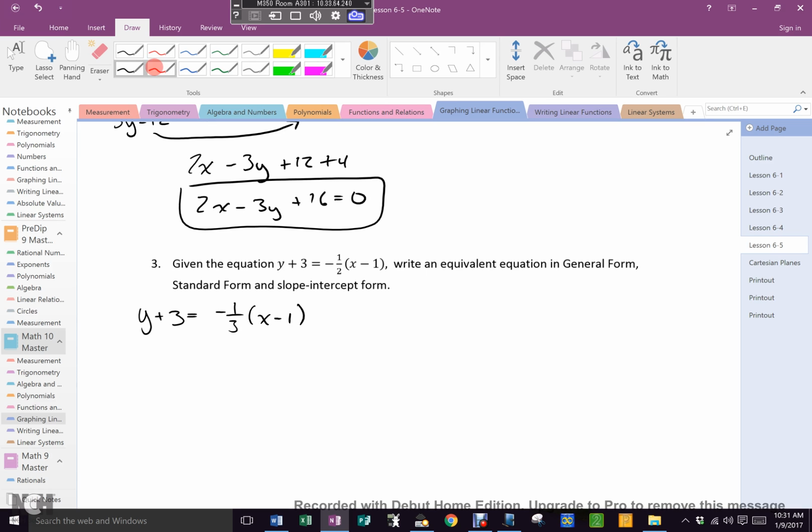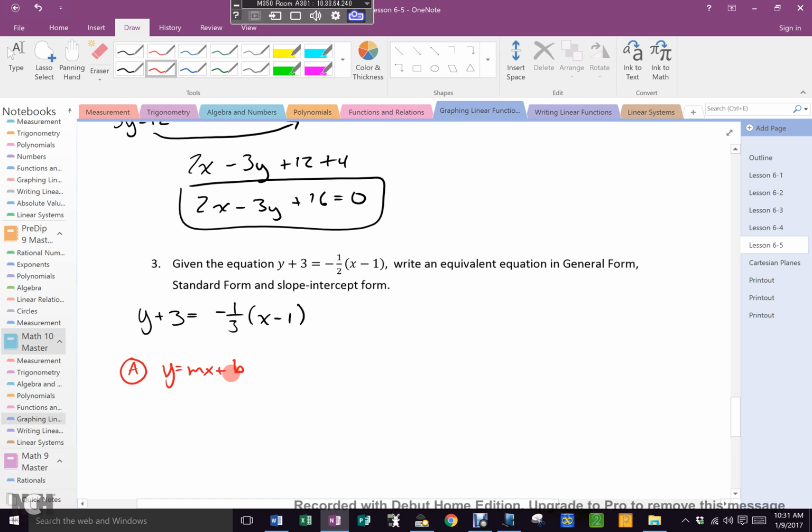So what do you guys want to do first? You want to do slope-intercept? Because it's already got a slope, yeah? Okay, so slope-intercept is the first one we're going to do, which is y equals mx plus b. So y needs to be alone and no brackets, right?